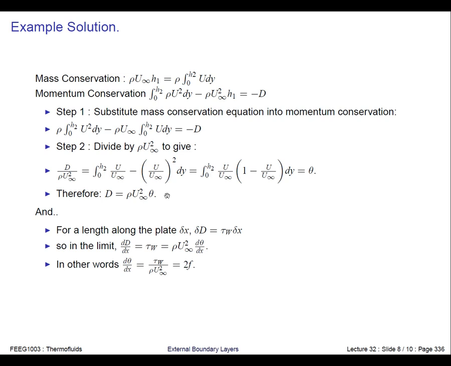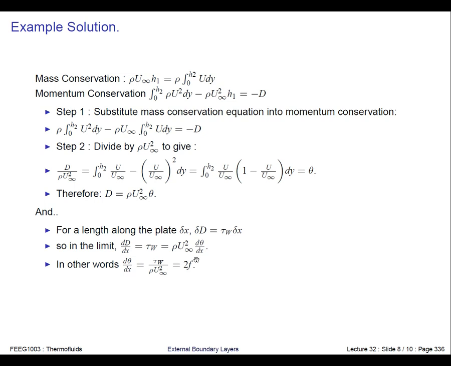And we can also relate the momentum thickness to the wall shear stress, because we know that the drag is actually the wall shear stress multiplied by the area. So that's for a small element here, and this allows us to relate the change in the momentum thickness with the drag per unit length, or the wall shear stress, and we can see that the momentum defect, if you like, the rate of change of momentum defect with x, is actually the friction coefficient.